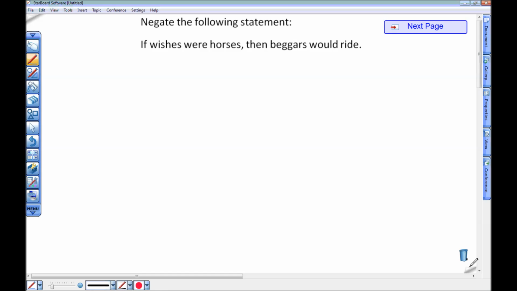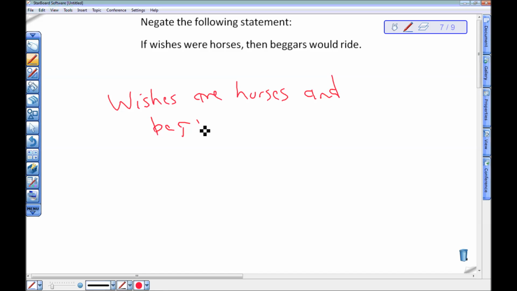Okay, here's another one. If wishes were horses, then beggars would ride. So start out with the first statement. Wishes are horses, and beggars do not ride.